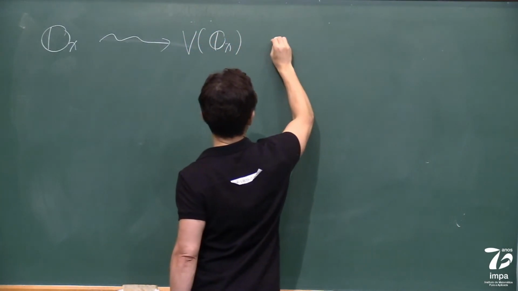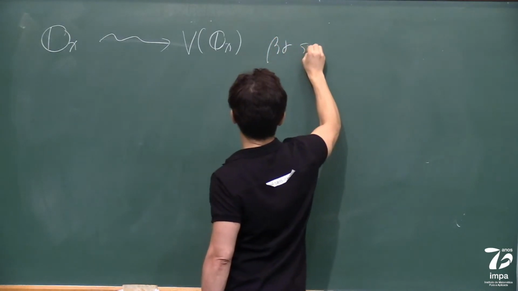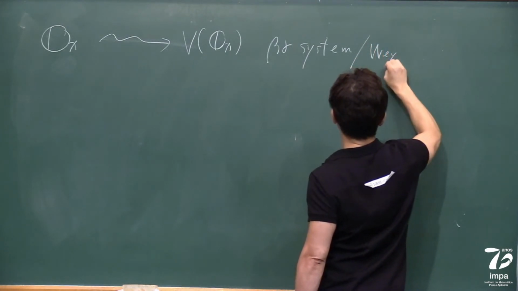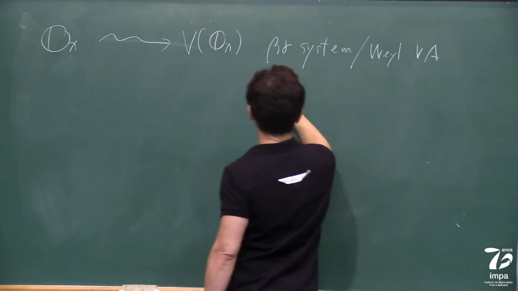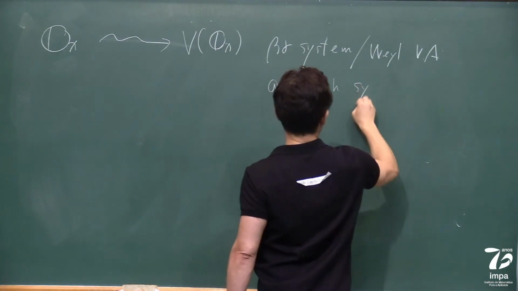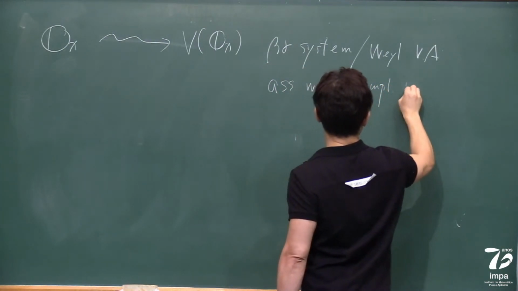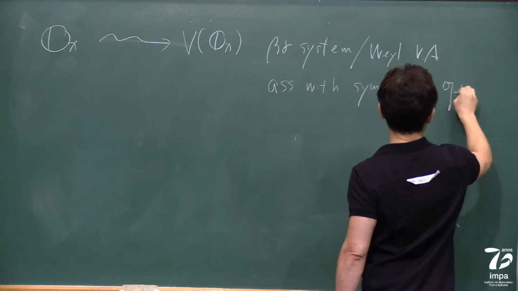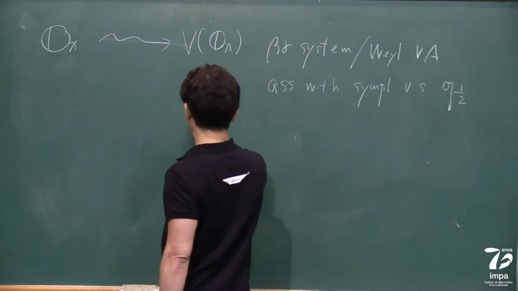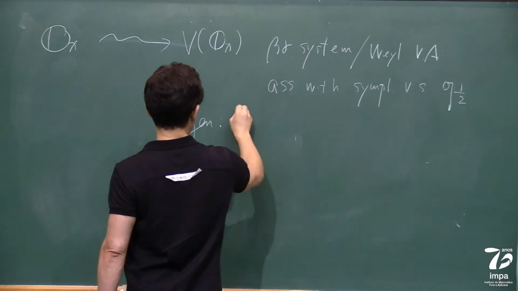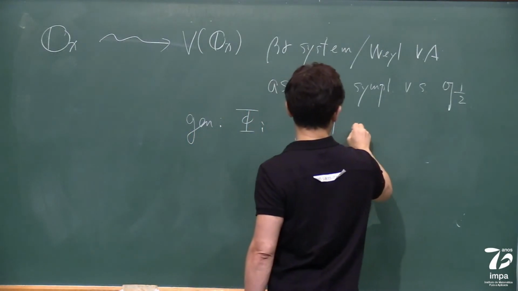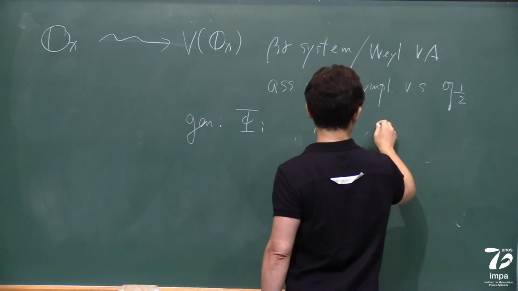So this is a beta gamma system, or a Weyl vertex algebra associated with a symplectic vector space G half. So this is generated by phi I, which correspond to the basis of G half.